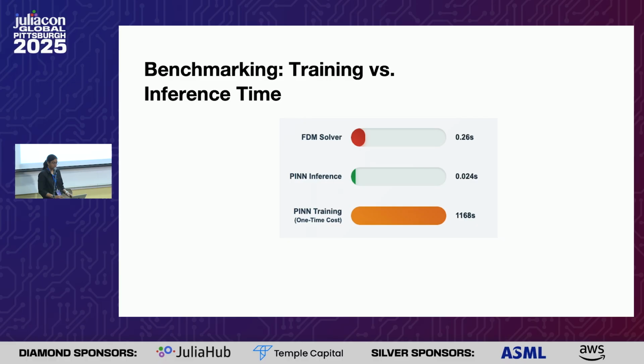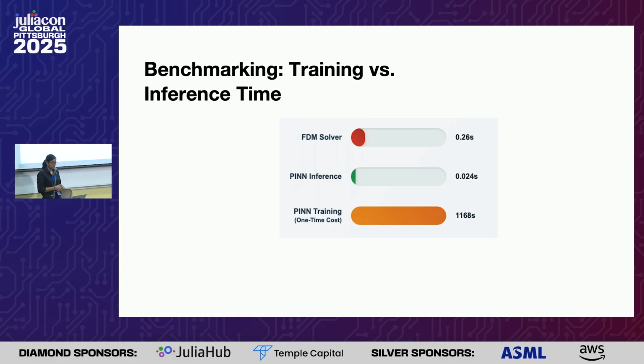Apart from accuracy, the other key advantage of physics-informed neural networks is their speedy inference. The traditional FDM solver can compute a single solution, for our specific problem, in 0.26 seconds. Training the physics-informed neural network is slow, but it's a one-time cost. Our optimal model, which I showed you earlier, took about 20 minutes to train.